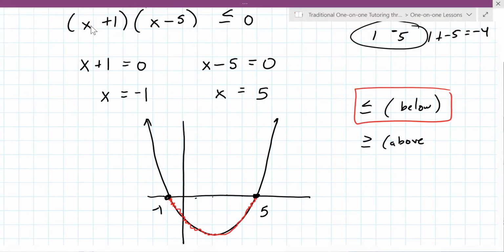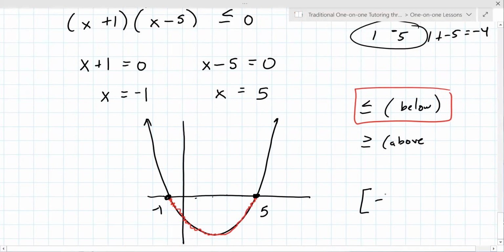So your answer is -1 to 5 because it's below. And that is -1 and 5.